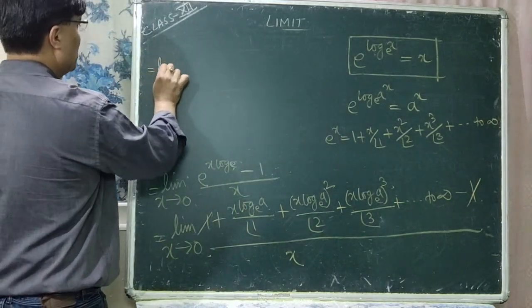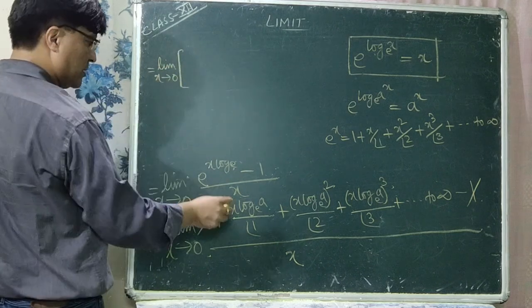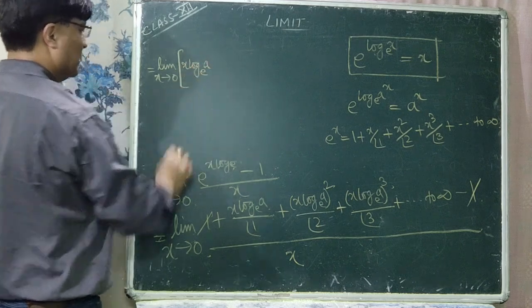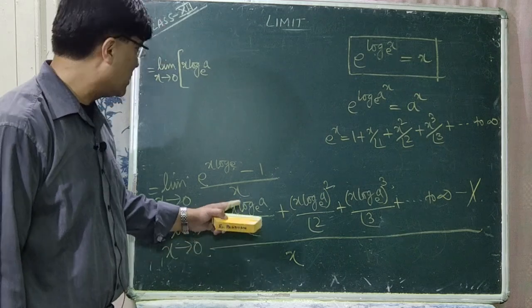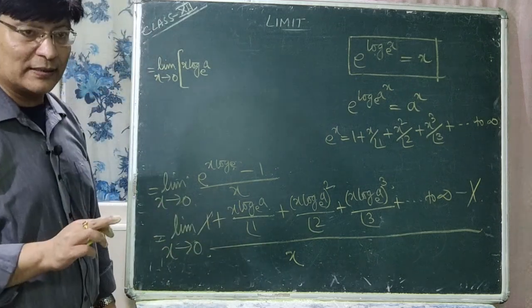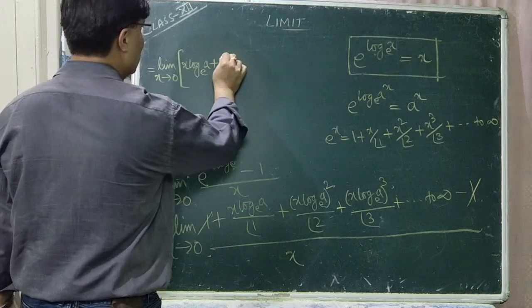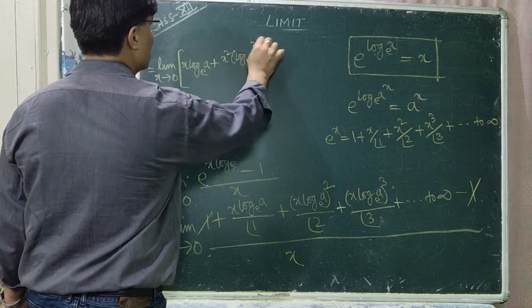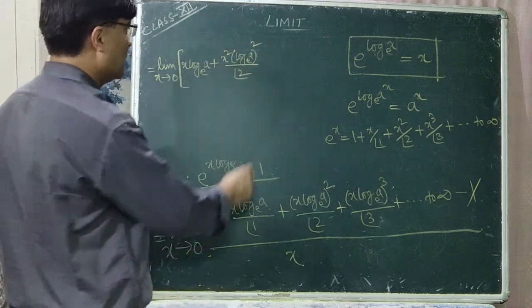So which is equal to limit x tends to 0. Write down the remaining terms here. What are the remaining terms? x log a base e by factorial 1. You know that factorial 1 is 1, plus this is x square log a base e whole square divided by factorial 2, right?